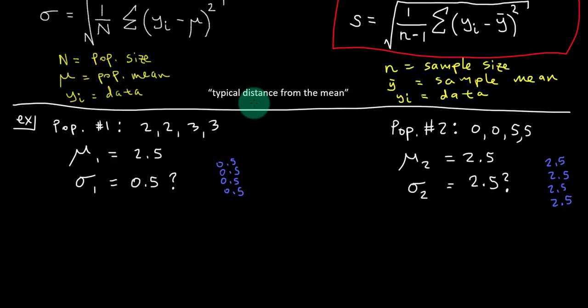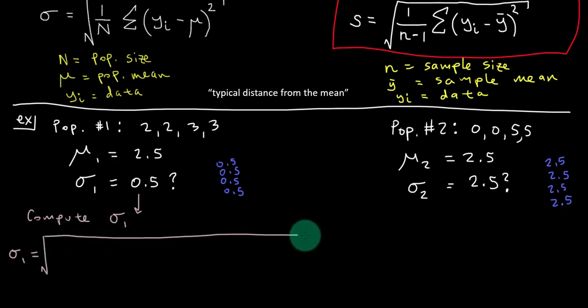Let's go ahead and compute the standard deviation of this first population, okay? Let's compute standard deviation from the first population. I've got the formula up there. It's still slightly visible. The square root will be the last operation, but I don't want to forget it, so I'm going to write it down.